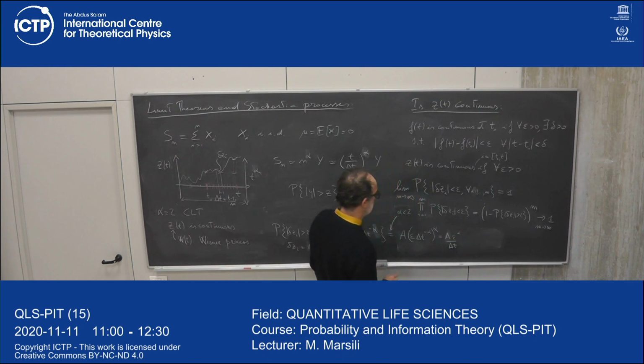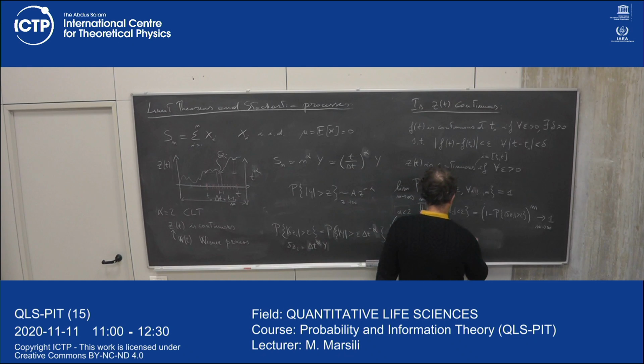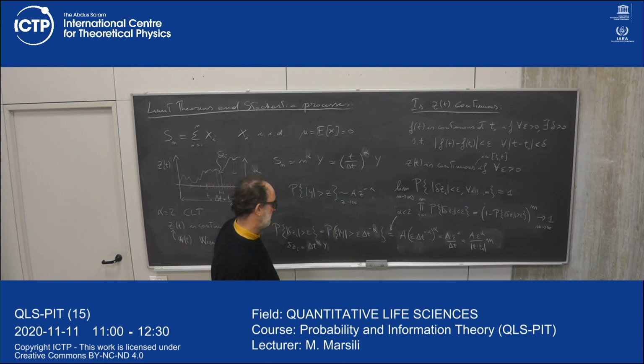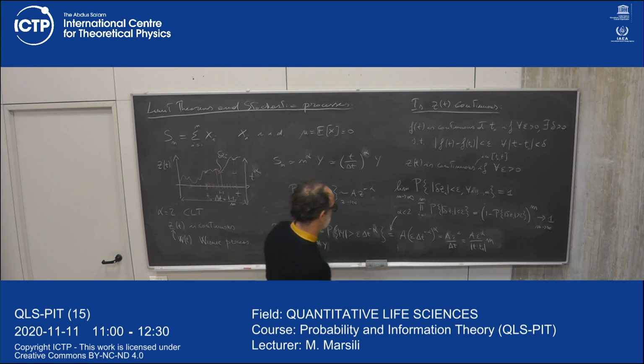But now dt is t minus t0 divided by m. Sorry, to the minus alpha.